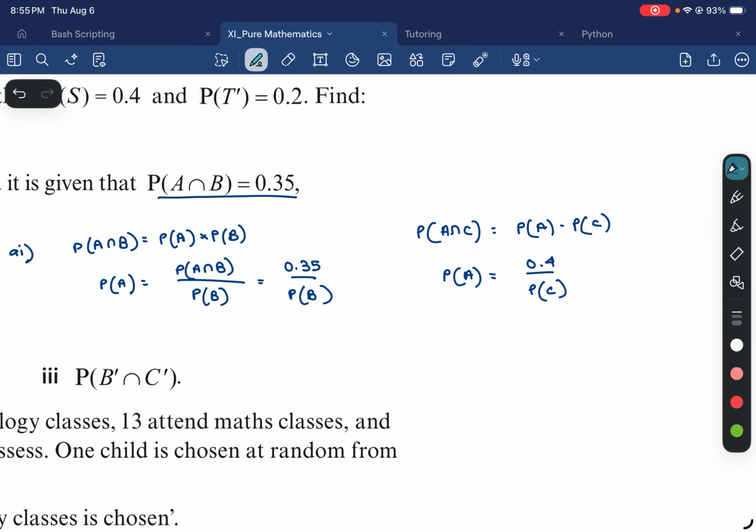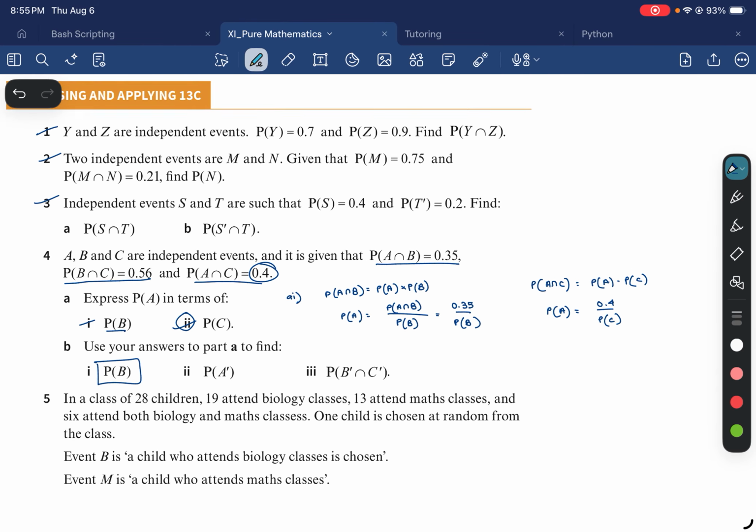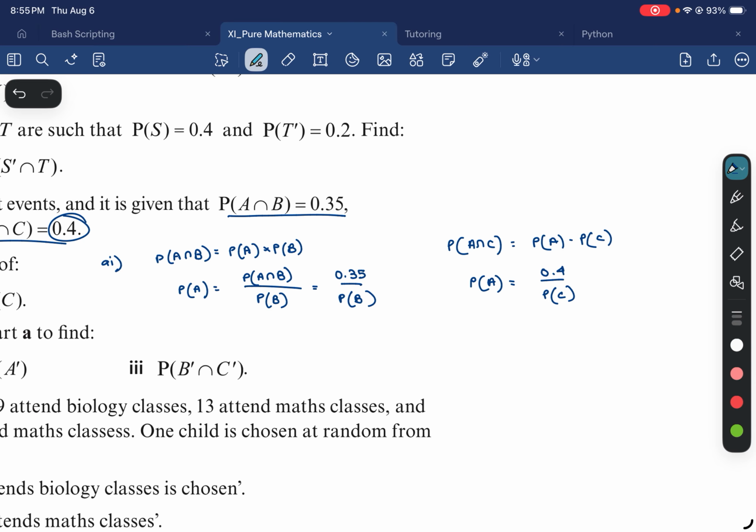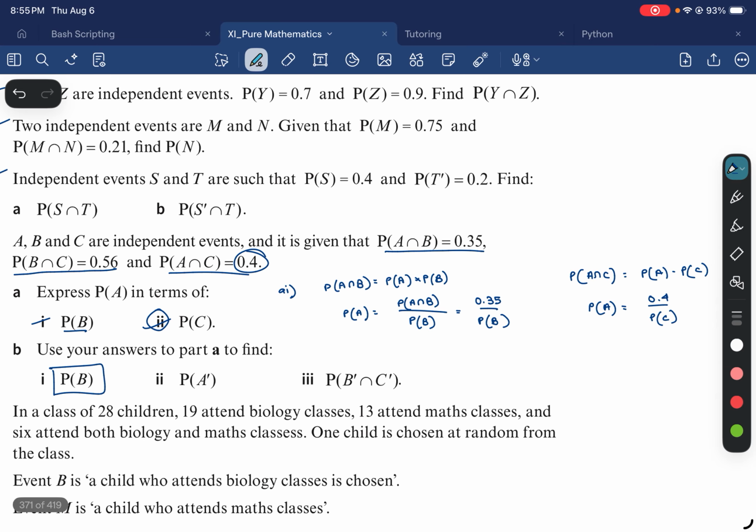So we need to solve for P(B), right? So let's see. All right.